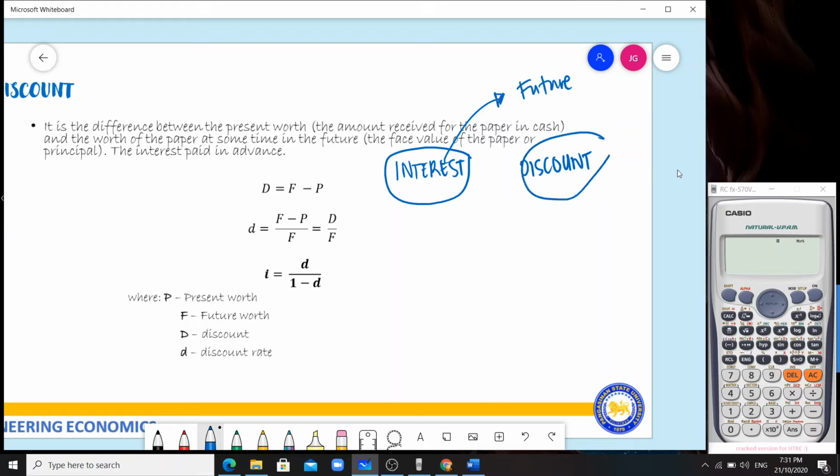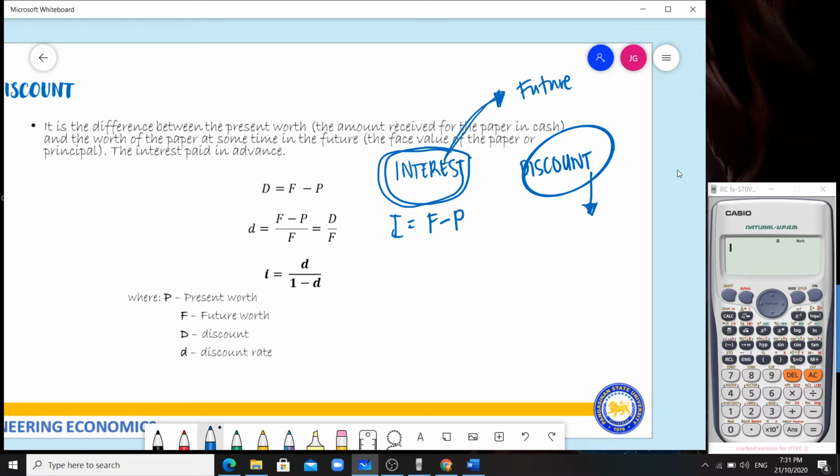Kapag sinabi nating discount, ngayon mo na siya babayaran. Okay? Ngayon mo na babayaran yung bayad mo para sa hiniram mong pera. Okay? Itong interest, tsaka mo na babayaran doon sa pinag-usapan yung period, yung bayad dun sa inutang mong pera. Parang ganon.